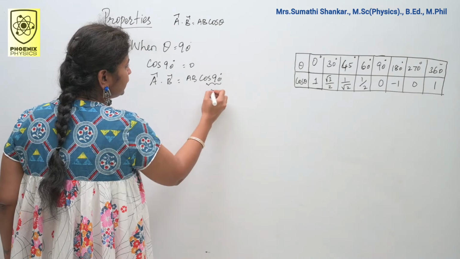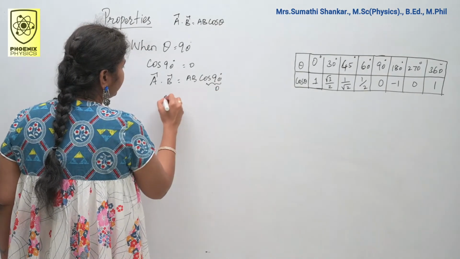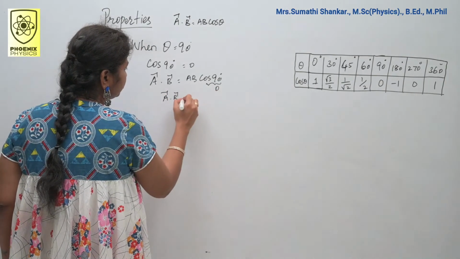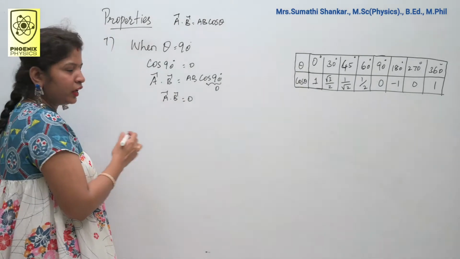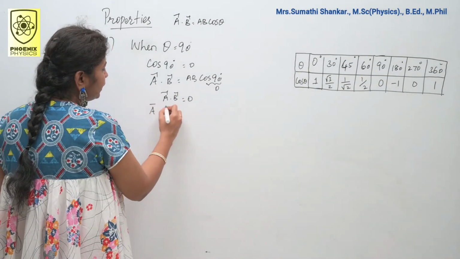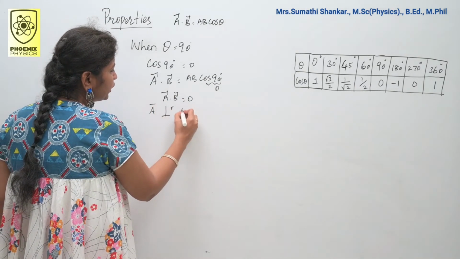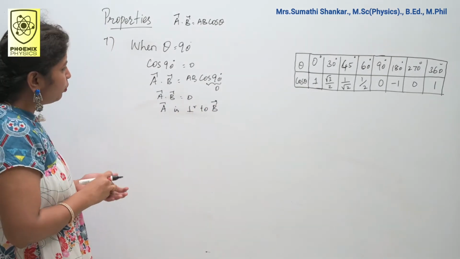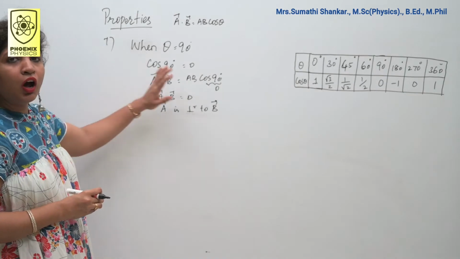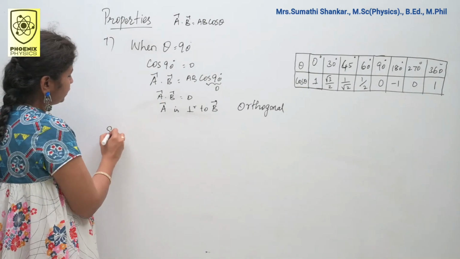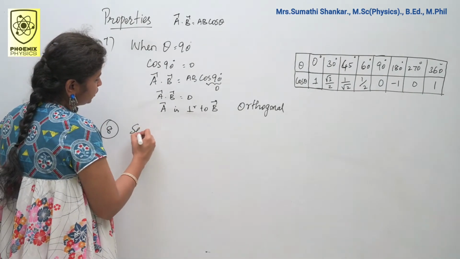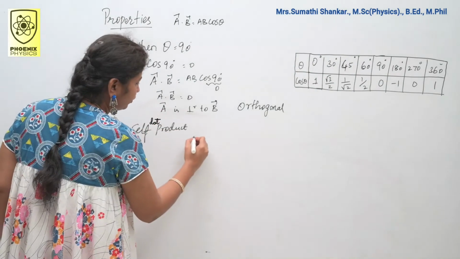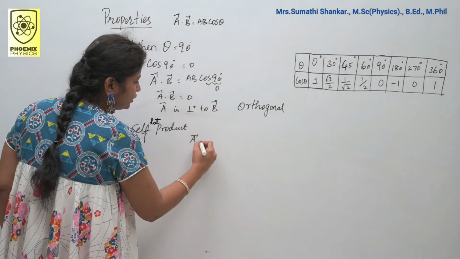So cos 90 means 0, so A dot B is equal to 0. So we can say the A vector is perpendicular to the B vector, or we can say both vectors are orthogonal.